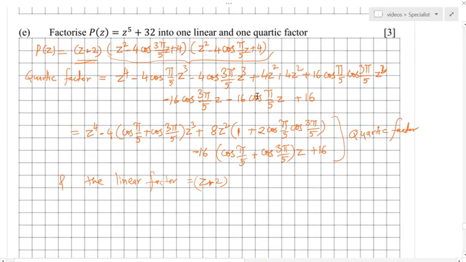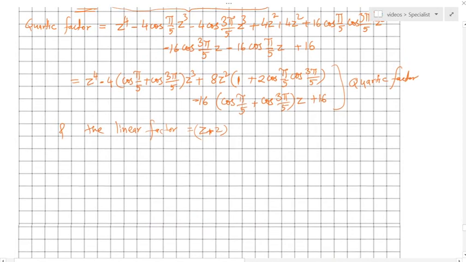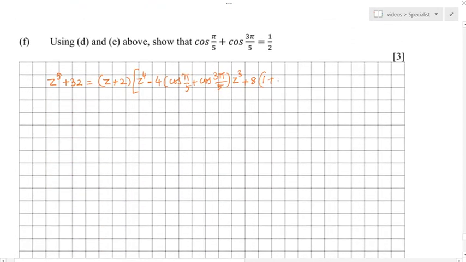We got the cube term, then the square term is, we got 8 times, need to go back and check again, 1 plus 2 cos pi over 5 cos 3 pi over 5, z square, minus 16 times cos pi over 5 plus cos 3 pi over 5, z, plus 16.